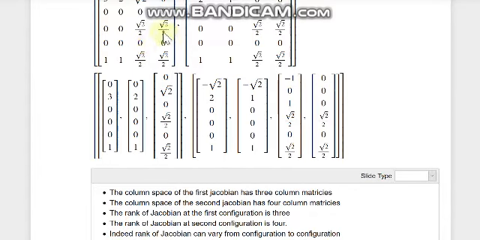We see that for the first Jacobian, the column space has only 3 column vectors, whereas for the second Jacobian, the column space has 4 column vectors. Therefore, the rank of the first matrix is 3, and the rank of the second Jacobian matrix is 4.